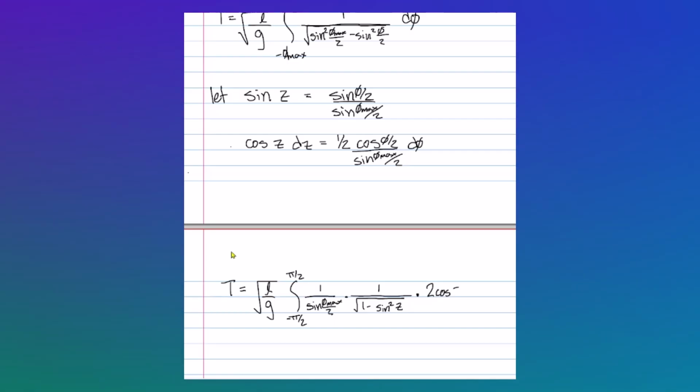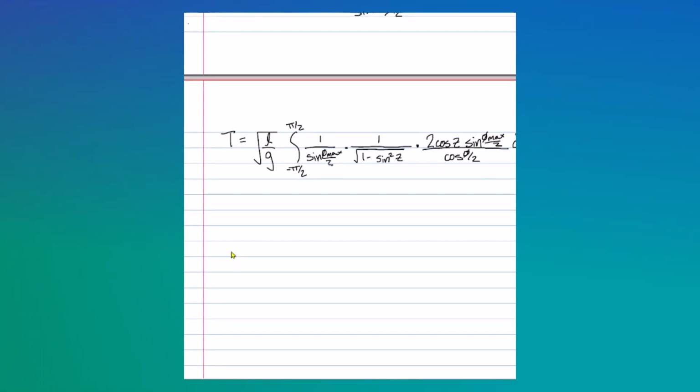And we'll have 2 cosine z times sine of phi max over 2 on the numerator divided by cosine of phi over 2 d phi dz.